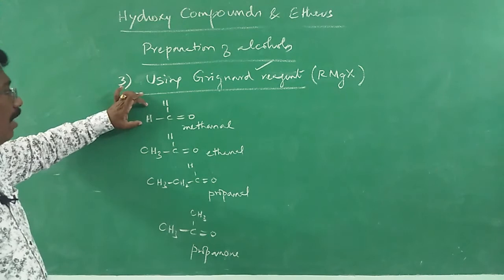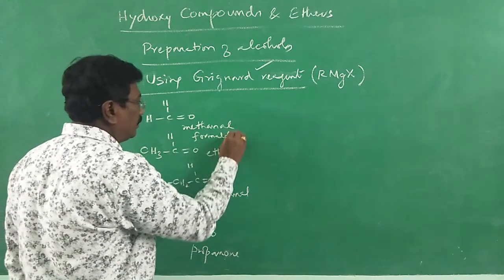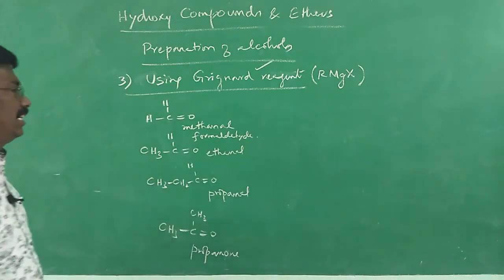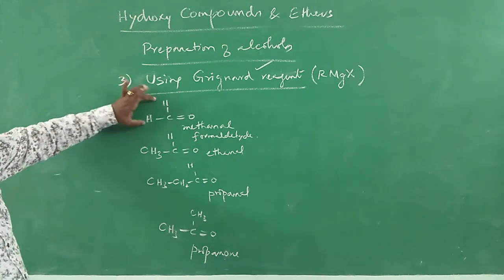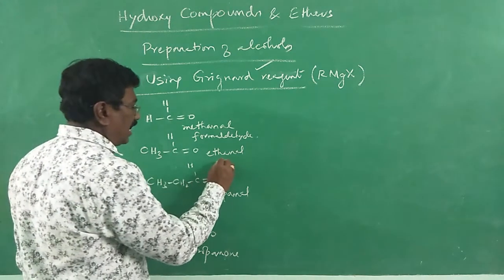The common name may be formaldehyde, that also you should know. Formaldehyde is present in red ants, Formica. The venom of red ants has formic acid, from which the name Formica is derived: formaldehyde, formic acid. It is acetaldehyde.